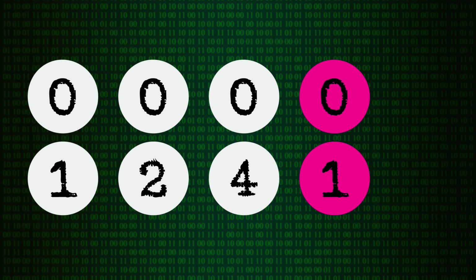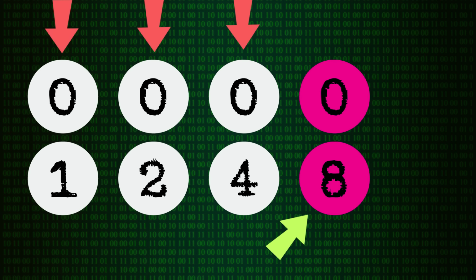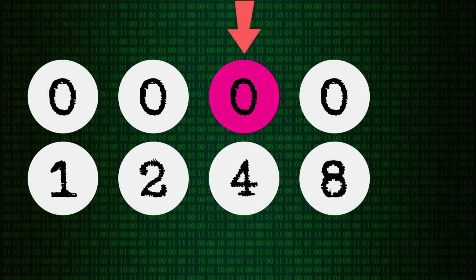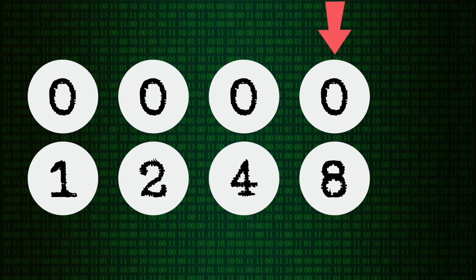And then for the fourth digit, 2 times 2 times 2 is 8. So now we have one digit that can be read 0 or 1, one digit that can be read 0 or 2, one digit that can be read 0 or 4, and one digit that can be read 0 or 8. For a total of 2 times 2 times 2 times 2 is 16 possible outcomes.